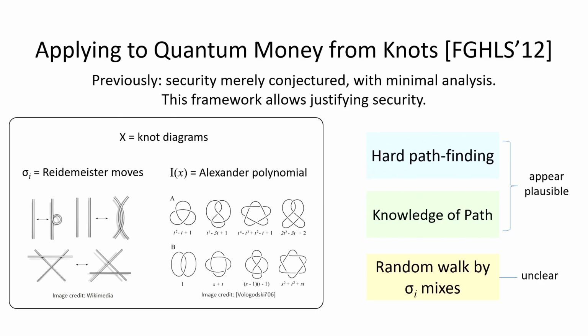And even if it is true, it will probably be very hard to prove because it's related to the known hard problem of bounding the length of paths between knots. But in any case, these all seem possible, which means that this gives provable security of this scheme under some reasonable assumptions.